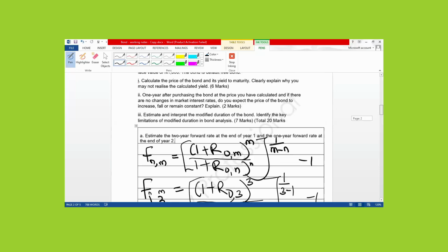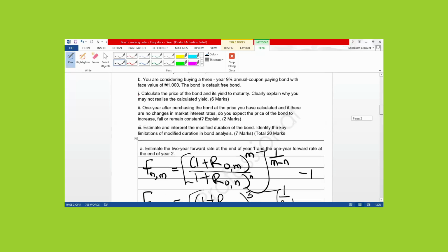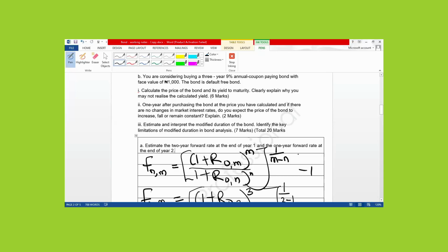Now look at the second one. And the 1-year forward rate at the end of year 2. At the end of year 2, calculate the 1-year forward rate. After year 2, add 1 year to it. That will take me to year 3.